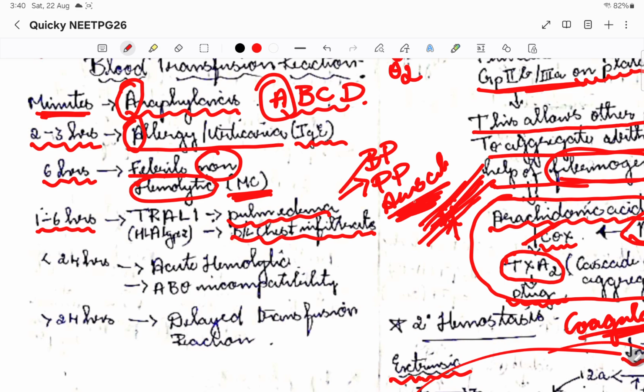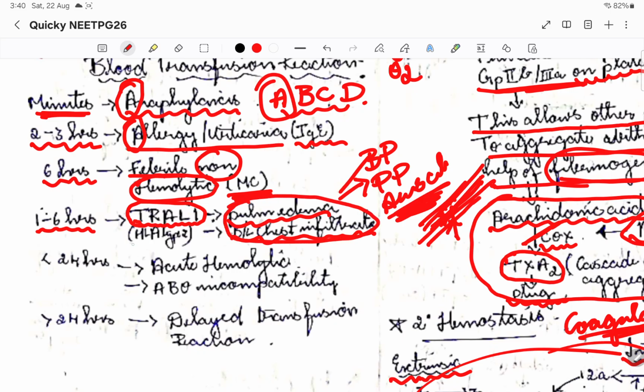But we are supposed to do auscultation also, because there exists something called transfusion related acute lung injury. Remember that. TRALI might happen within 6 hours, where pulmonary edema and bilateral chest infiltrates can be seen.